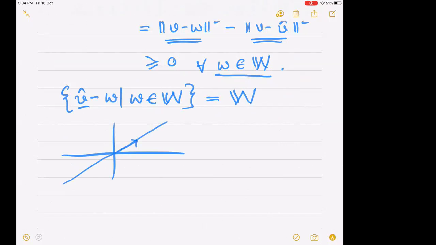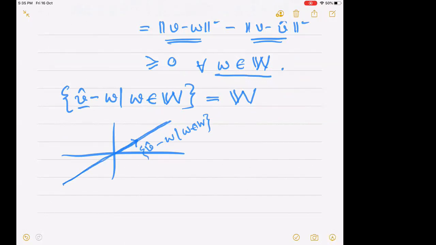And then I look at all possible vectors in that subspace and add to this fixed one. So this is, say, my V̂. And then I'm looking at V̂ − W, and W is in the subspace W. That's once again this line only, no? Yeah.